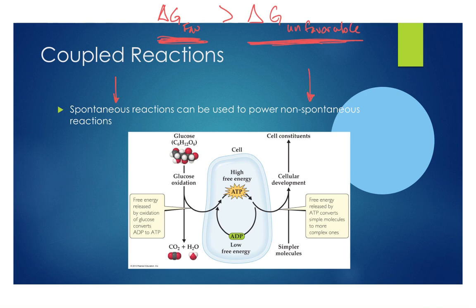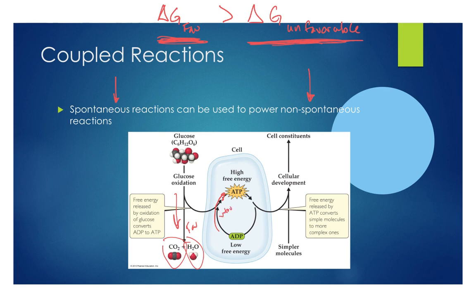One of the most common ways we see this occur in biological systems is through the process of cellular respiration. If you take glucose and turn that into carbon dioxide and water, the free energy that is released in that process, which is thermodynamically favorable, can be used to take a phosphate group and add it to ADP to make ATP. So this process is unfavorable.